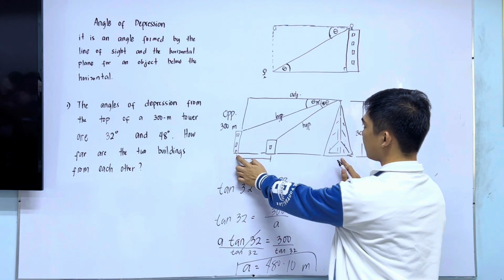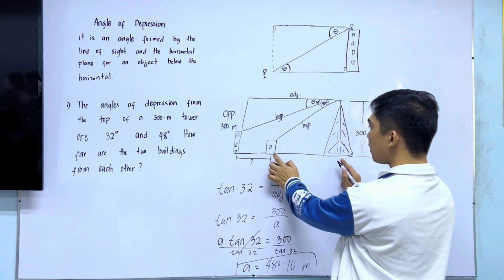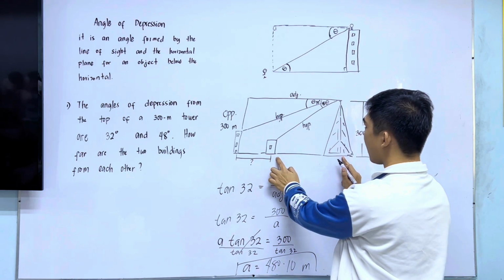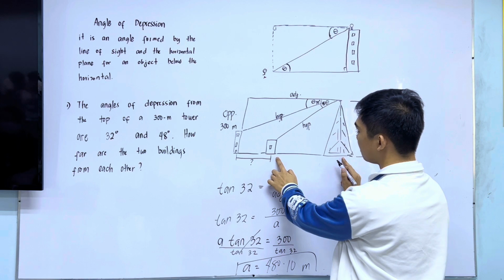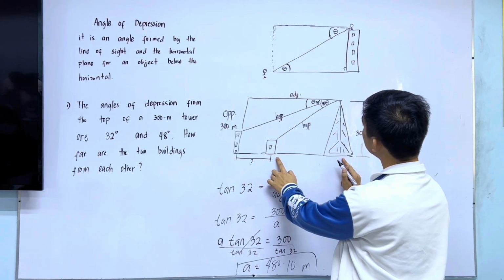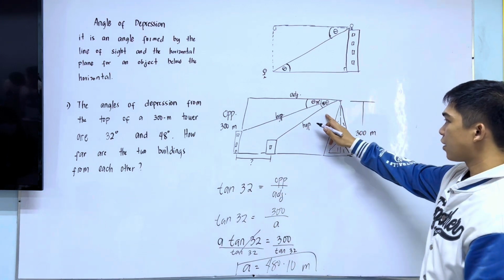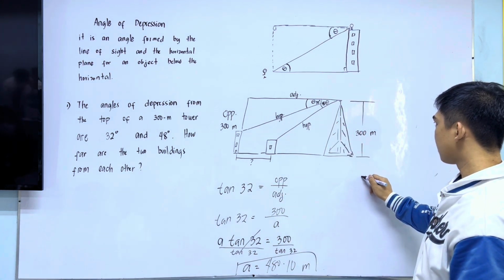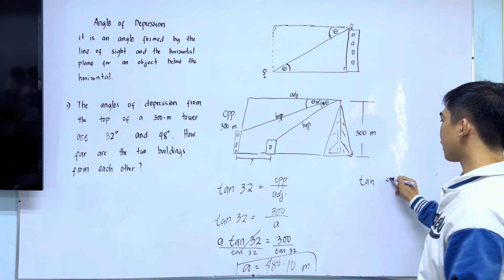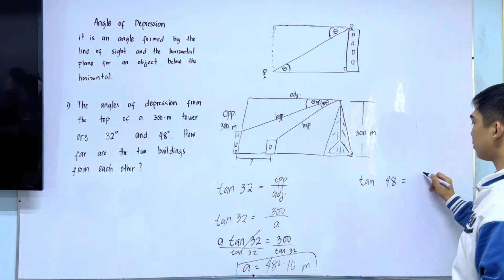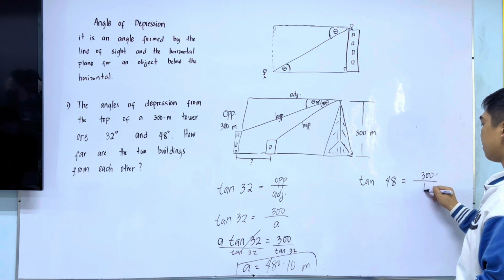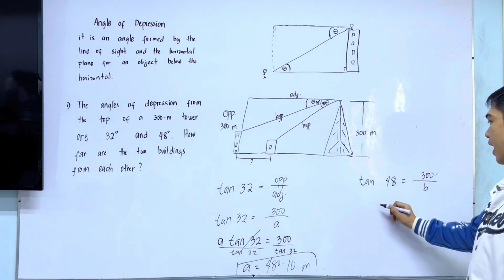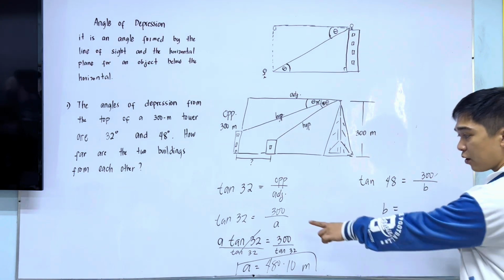Next, tower to building B. Ano naman yung angle of elevation natin? Ano given? Tangent 48 is equal to 300 over building B. So we have B. Follow lang din natin yun.